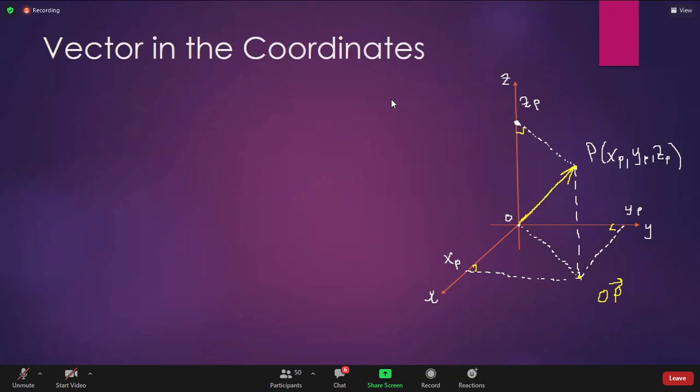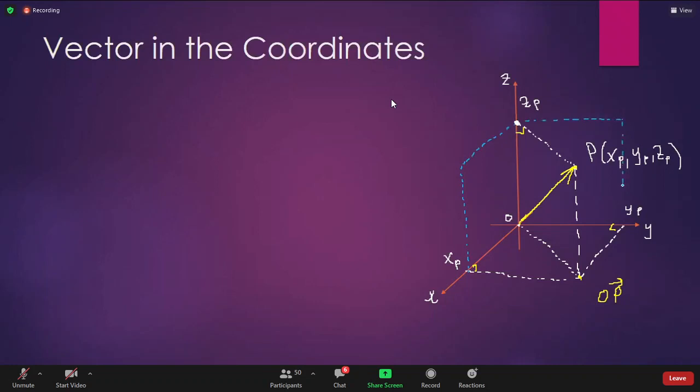If we actually try to build this box, that would be going up the same distance, going up from the point here and going then towards the Z axis, like there. You can imagine this box.